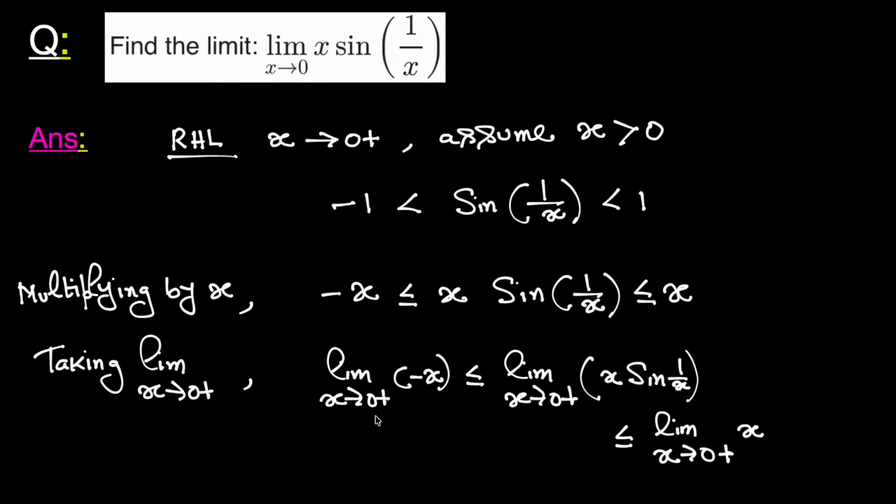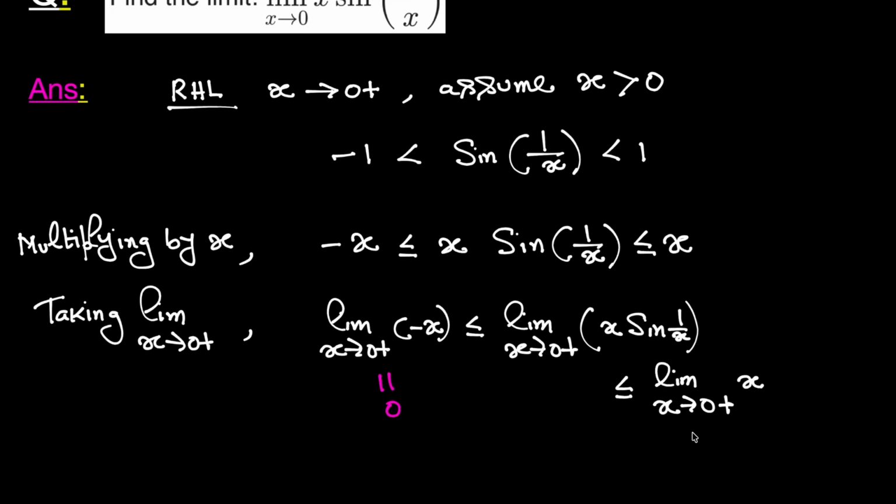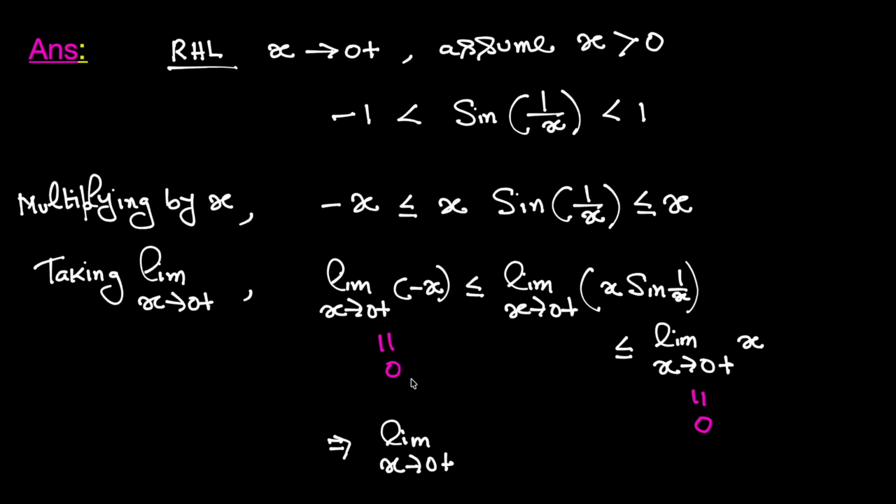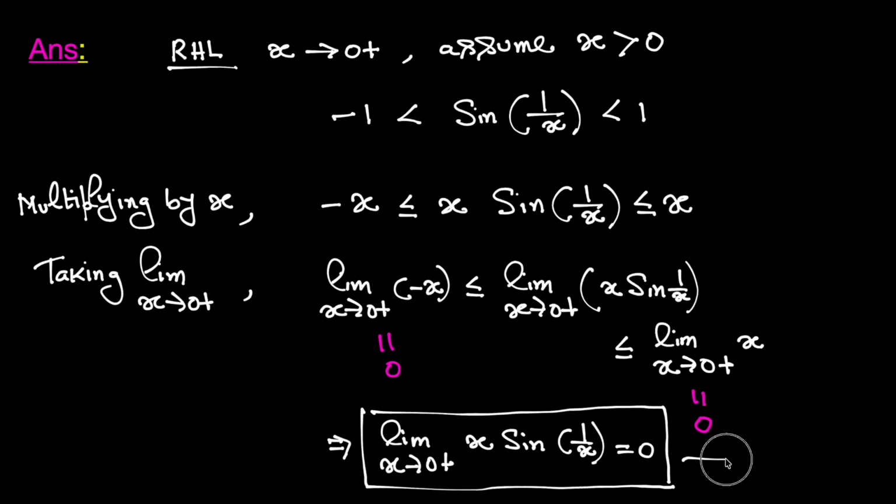Now see that this is equal to 0 and this is also equal to 0. Therefore, the middle quantity must be equal to 0. That is limit x tends to 0 plus x sine 1 by x is equal to 0. Now this is the right hand limit. Let's number it 1.